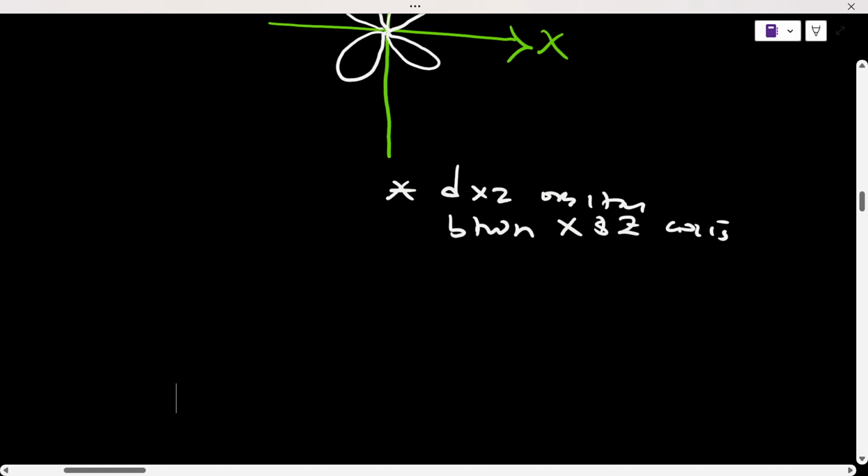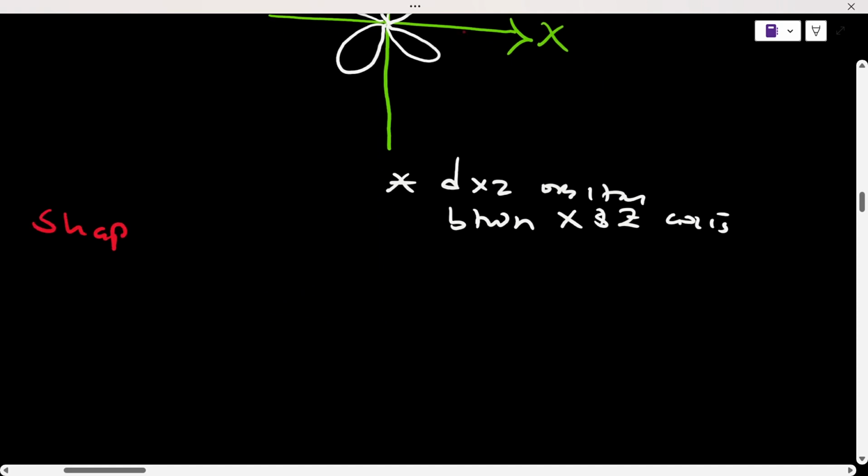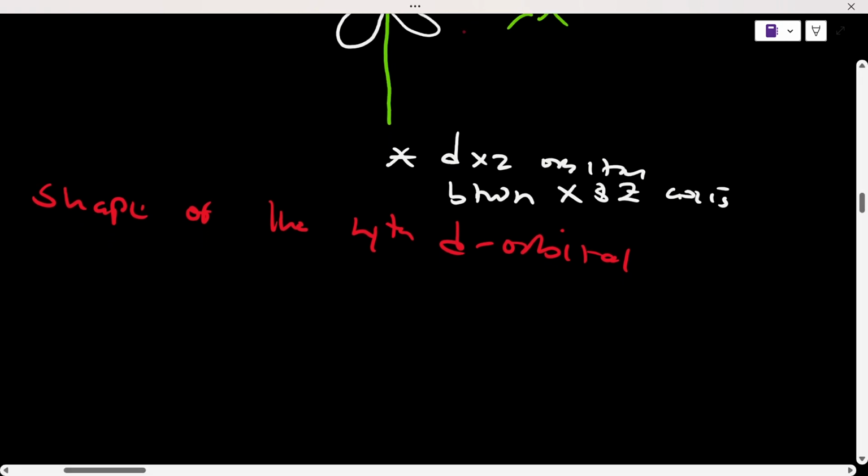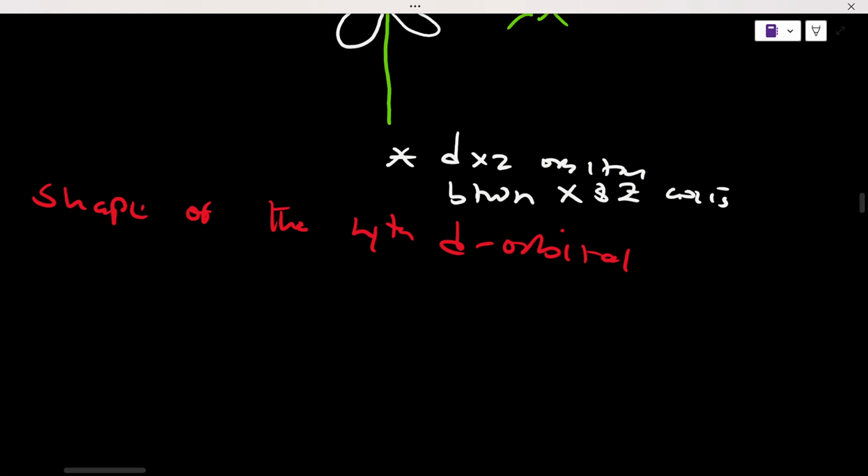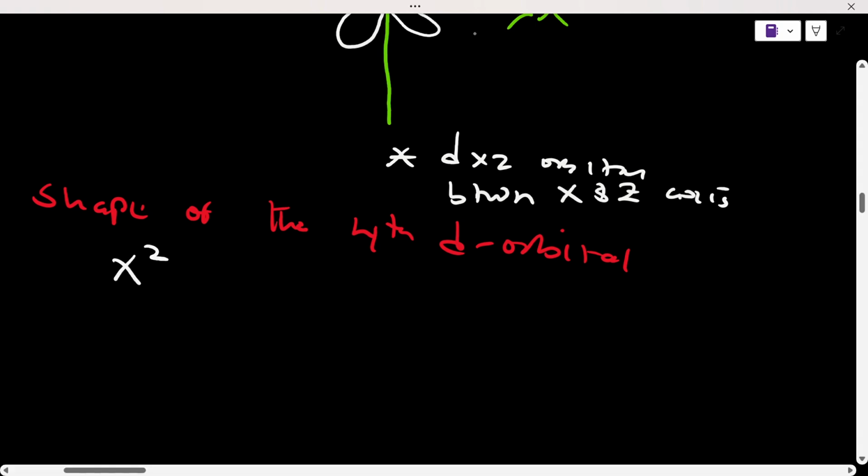Shape of the fourth d orbital. So we said initially that the fourth one takes the x squared y squared planes and axes.